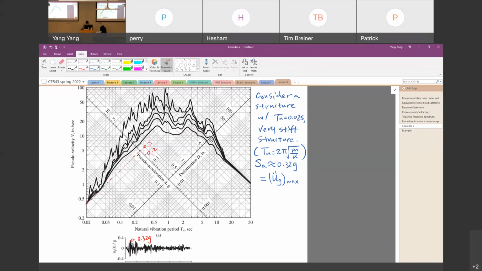Similarly, if we consider another structure with Tn equal to 50 seconds, that means the period is very large. What is the displacement of that structure?